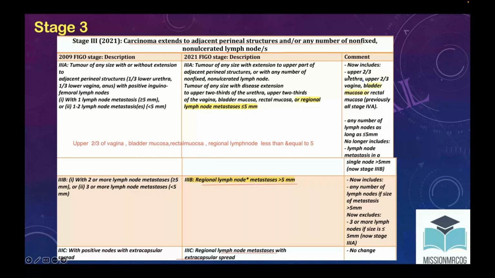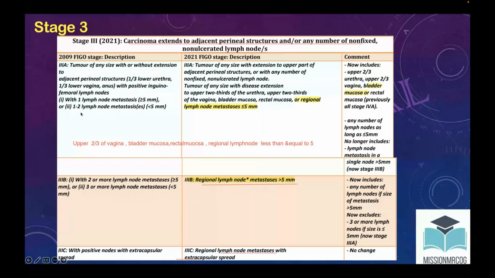Now there is a change. Now they have put the upper two-third of urethra, vagina, and rectum or anus in 3A. So there is a change. Previously they used to say one lymph node or one and two lymph nodes.